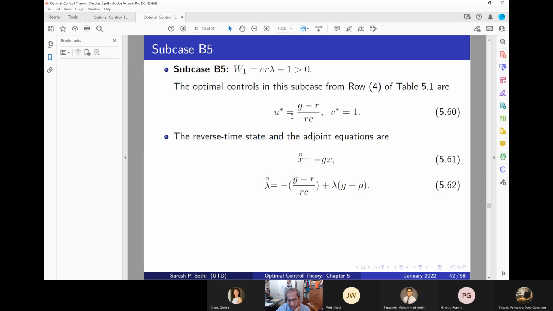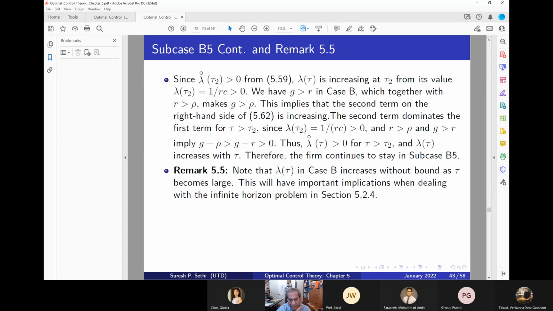The optimal control is U star and V star. That means full retained earnings and a little bit of external equity to keep the growth rate G, which I'm allowed to. So the firm is growing at the rate G, which on the other side is the opposite of growing because we are in reverse time. And lambda circle is given by this, so we can solve this problem starting from tau 2.